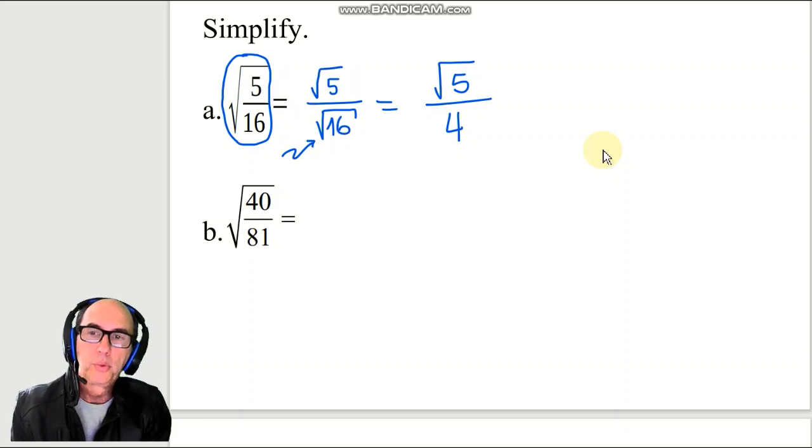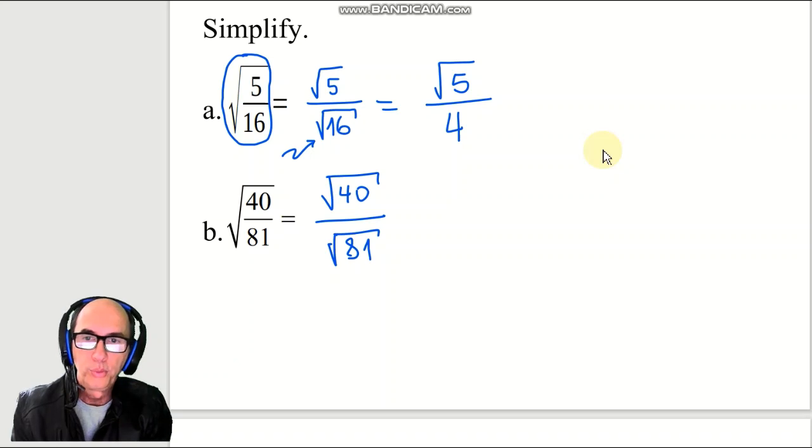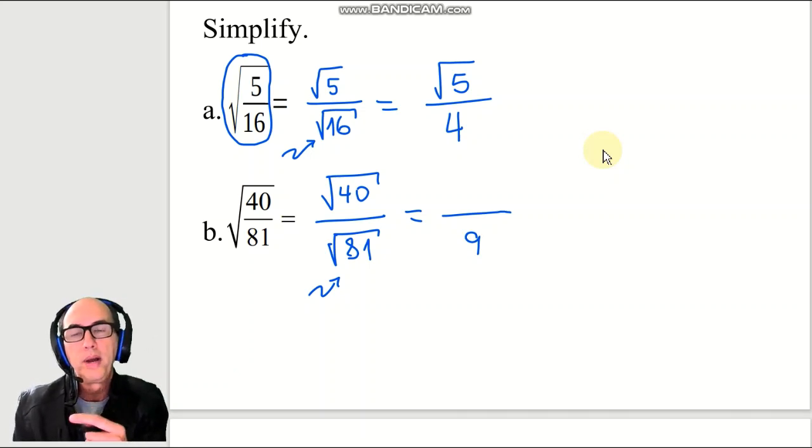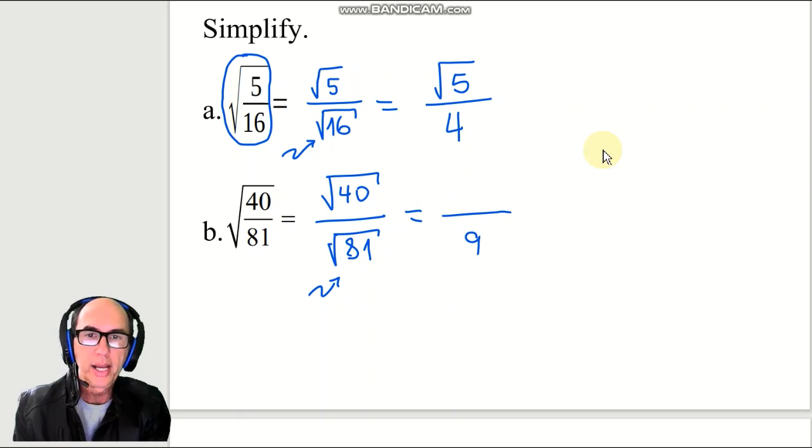The square root of 40 over 81. Same thing, break down, and we have the square root of 40 over the square root of 81. Helpful. Square root of 81? 9, yes. And the square root of 40. Now we will go back to the product rule. We can break it down because 40 is 4 times 10.